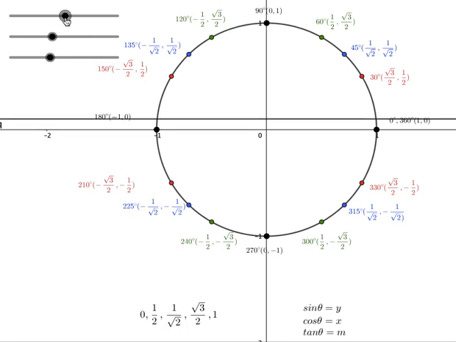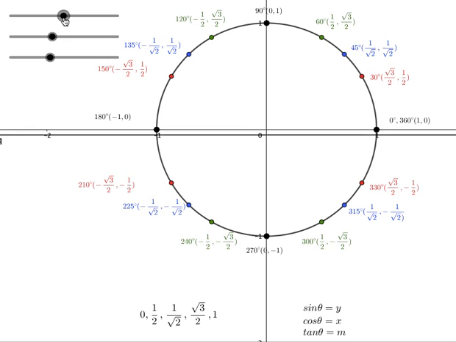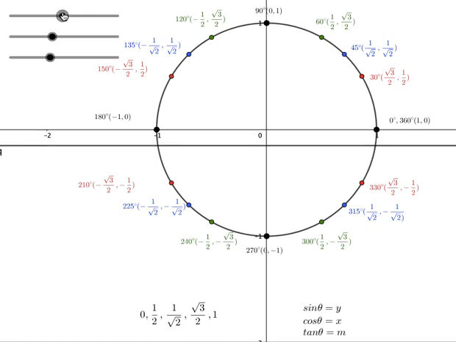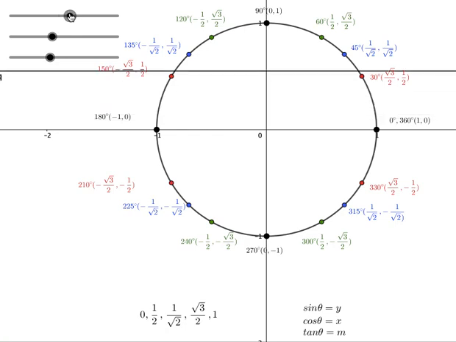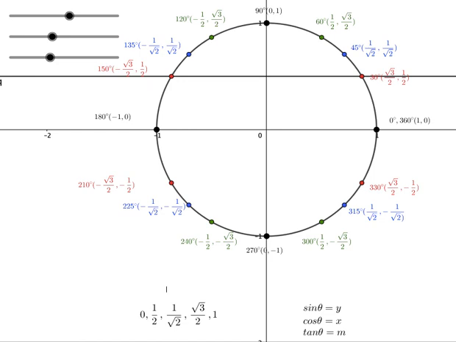And what we see is sine theta is equal to 0 exactly at 0 and 180. In other words, in this position and this position. As we move this line upwards, the next highest y value, or sine value, is 1/2. So this is the point where sine theta is equal to 1/2, 30 and 150.